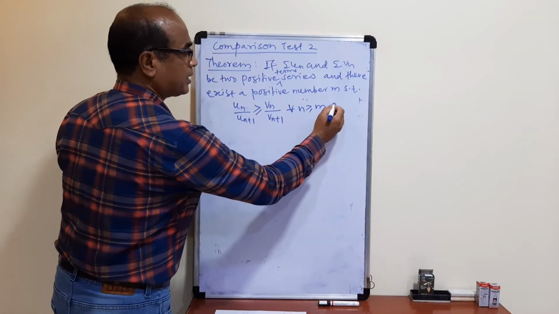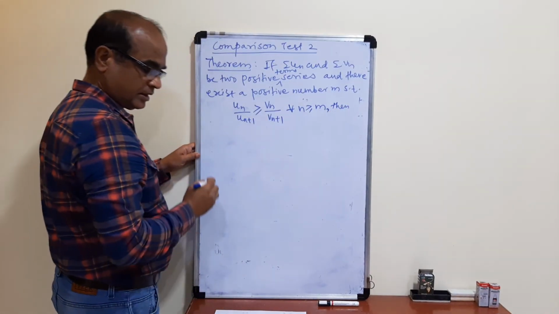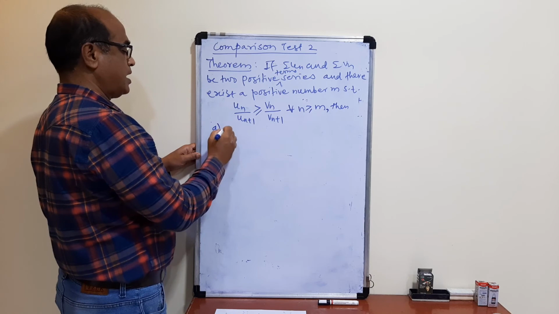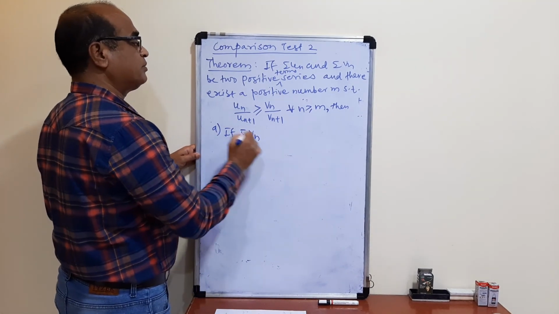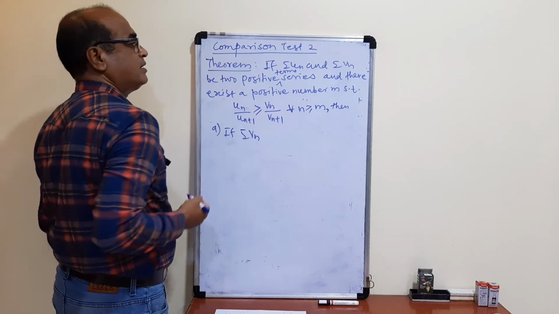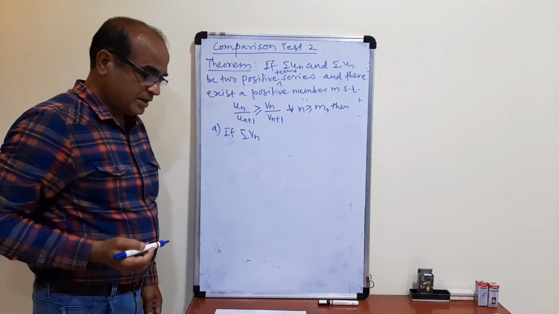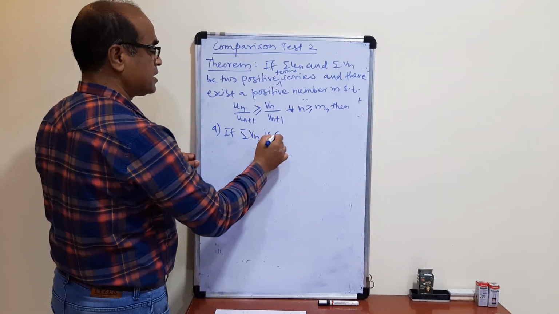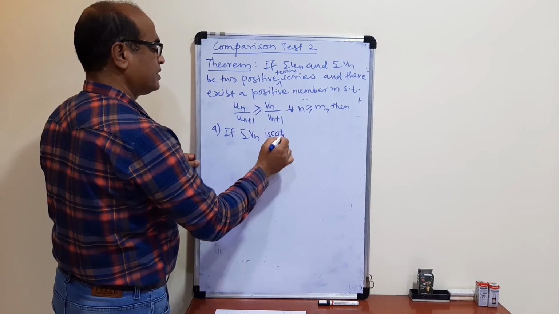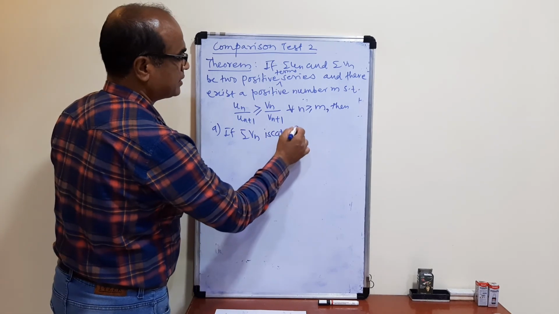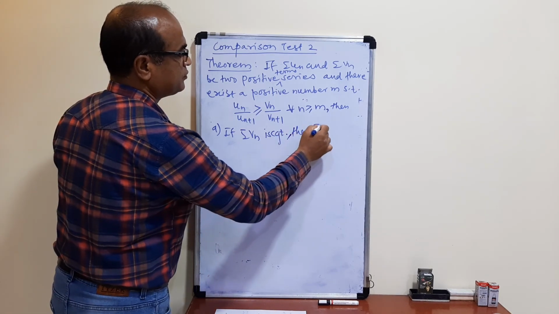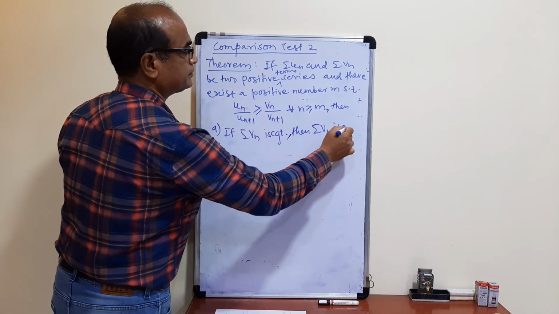Then what happens? If summation vn is convergent, then the series un is also convergent.